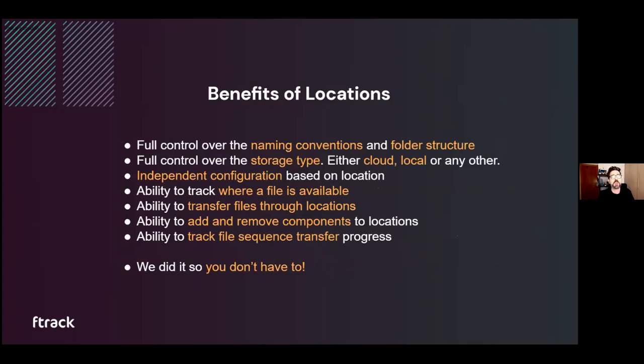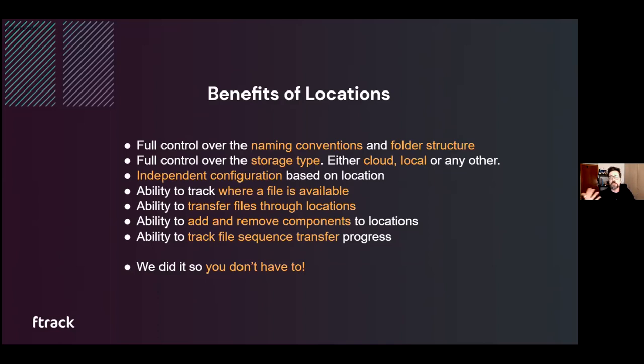Benefits of location. Location brings a lot of benefits compared to just saving files somewhere. Using location allows you to take full control of the naming convention and the folder structure that will output the files when you publish. You have full control of the storage type. Again, cloud, local, it could be a database, a MongoDB where you want to store the data and then retrieve it as actual files.